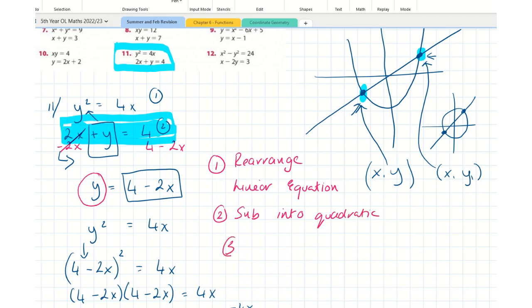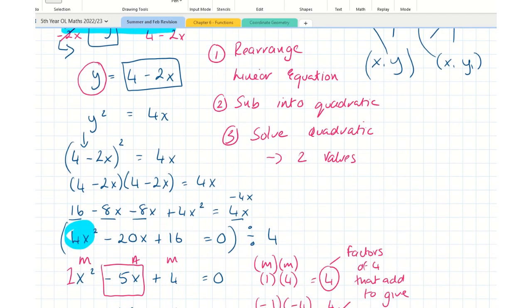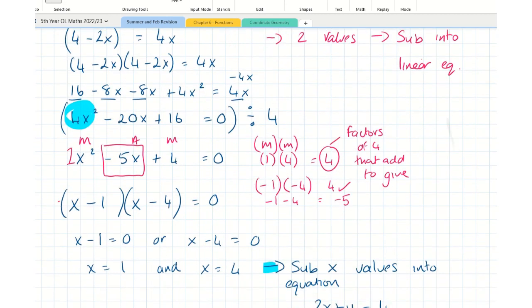Then you have to solve your quadratic. Hopefully you get two values, and you sub these back into the linear equation to get your two answers.